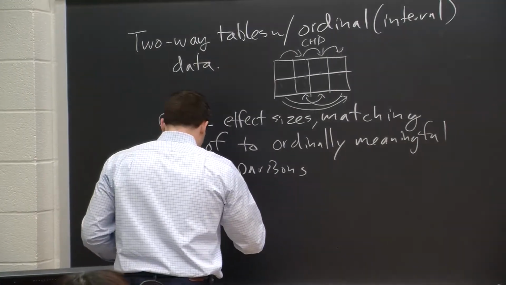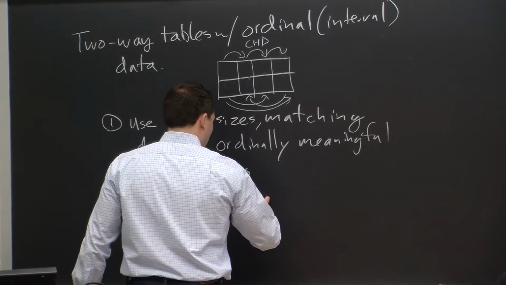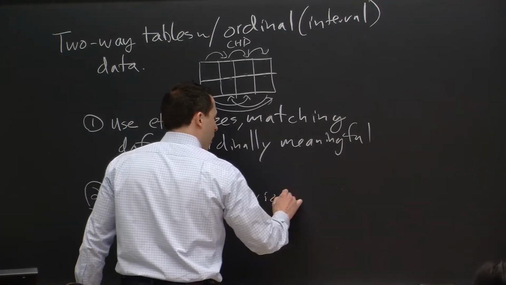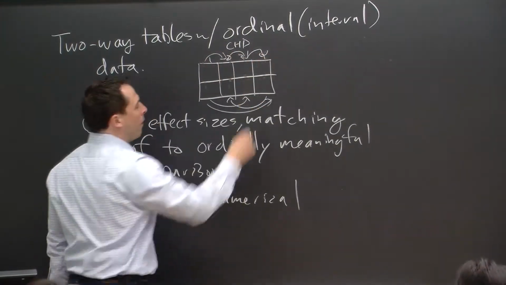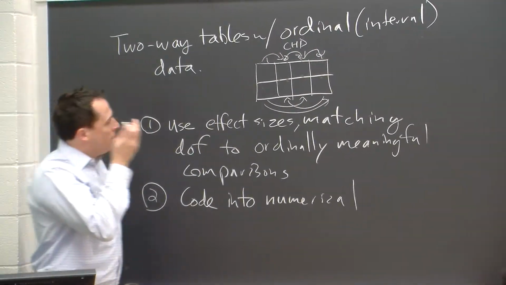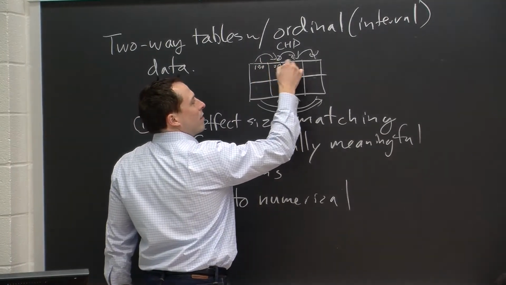Another thing we can do is we can code. So we can code the columns into something numerical. Right, we can assign numbers like 1, 2, 3, 4, or say the max of these, 199, 219, and so on.